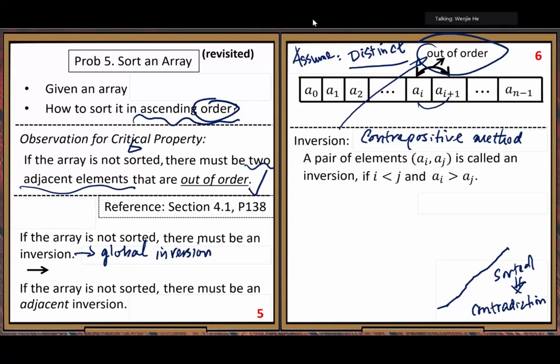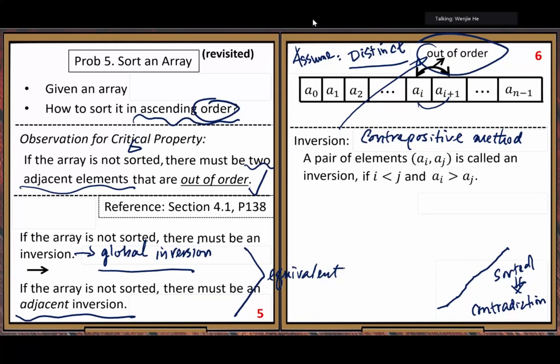You can see these two statements are equivalent. Both are true from an adjacent inversion.